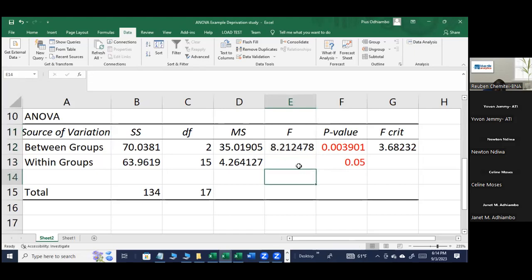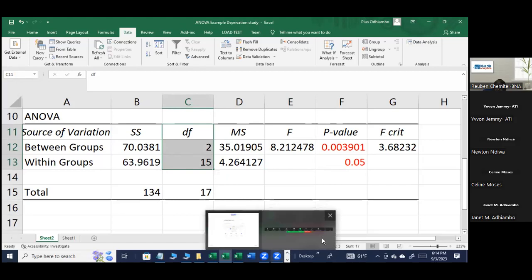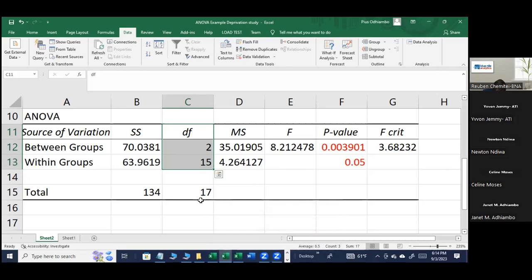So whether you read the F ratio and the degrees of freedom from the statistical tables, or you use the p-value, the interpretation will be the same. You will either reject the null hypothesis or you do not reject.